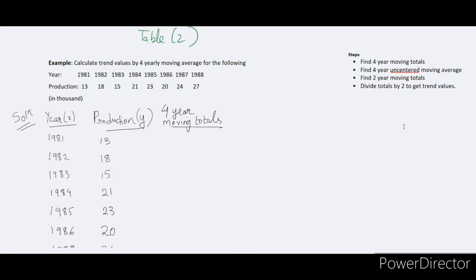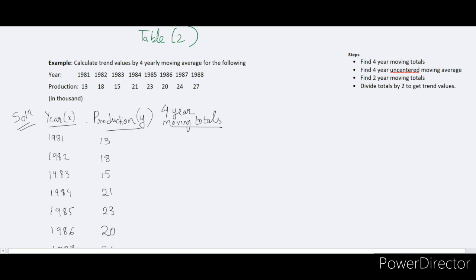So we do not know to which year we should assign the value, either 1982 or 83. It is only after centering that we will know which year we will assign the value. So for each group of 4 years, we have to center.